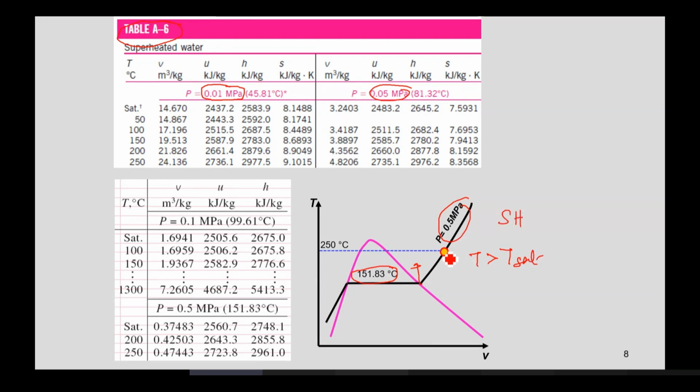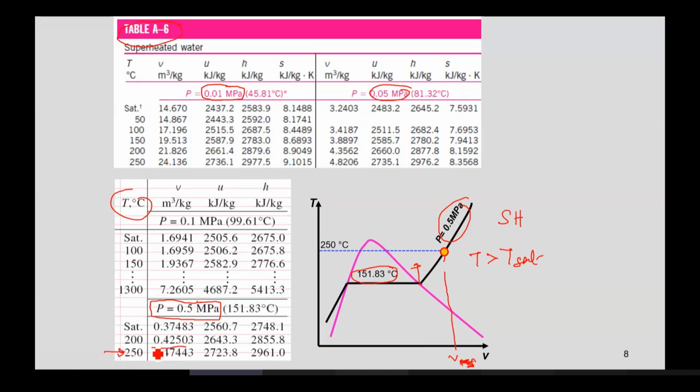And for this, if you want to find out the properties, for instance the specific volume V, or V average, sorry, for this condition, you will go to the pressure column having 0.5 megapascal pressure, and you will go to the temperature column to read the temperature of your system, which is 250 degrees centigrade.